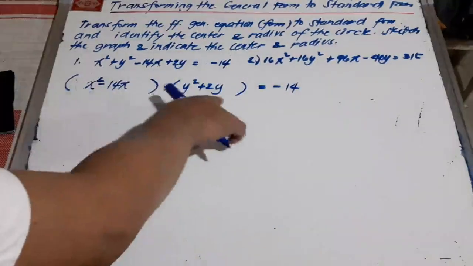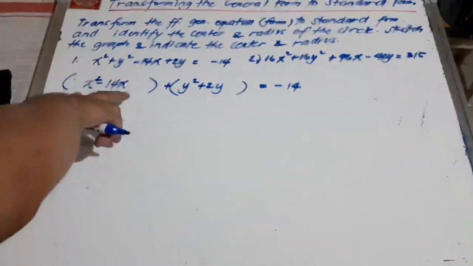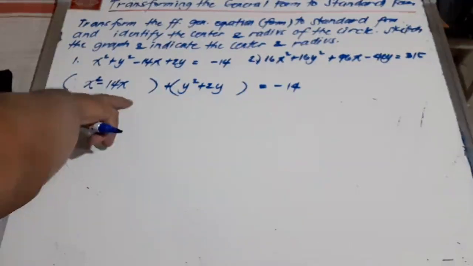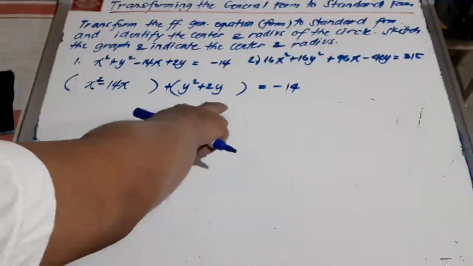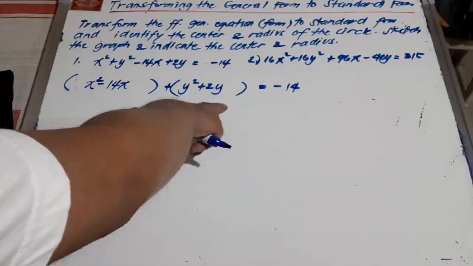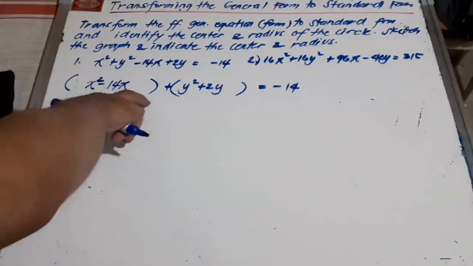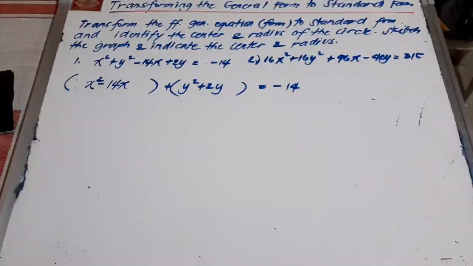So naglagay ako ng space doon kasi yun ang idadagdag natin para maging square of a binomial itong group na to, at ito maging square of a binomial din yung group na to. Okay? And para maging trinomial perfect square siya, para doon sa special products natin na natutunan natin nung grade 8.